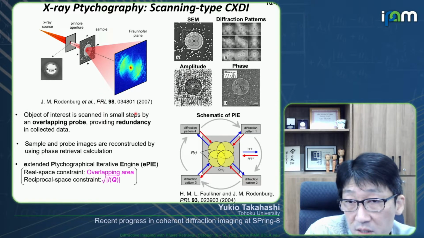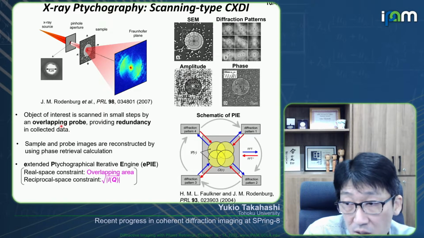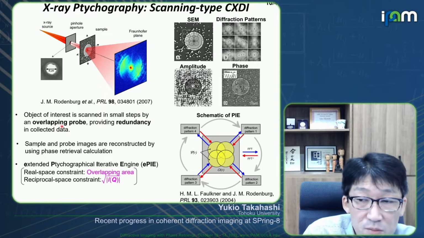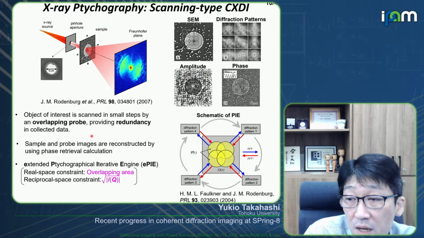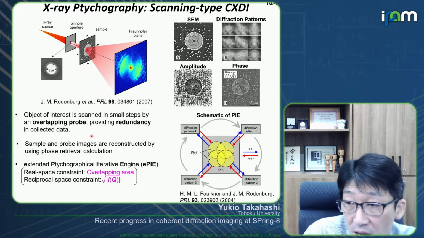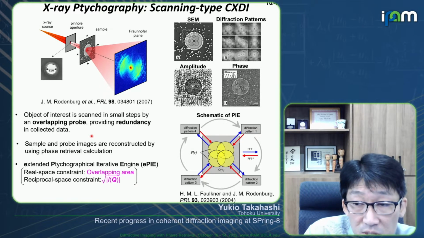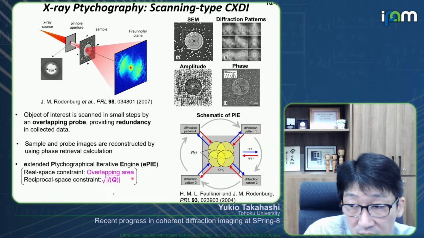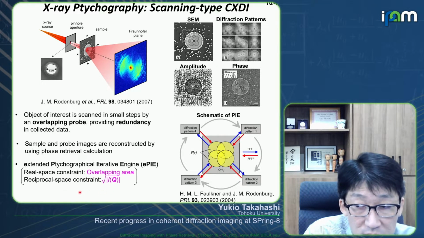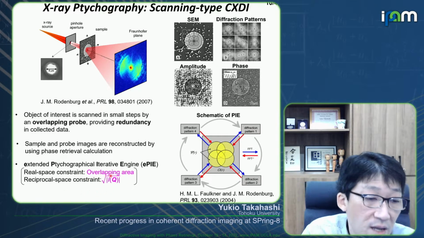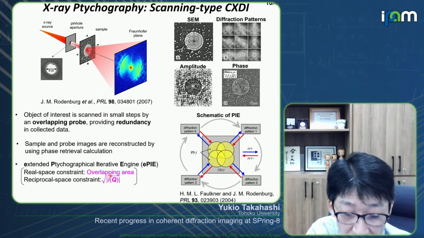In X-ray ptychography, the object of interest is scanned in small steps by overlapping probes, providing redundancy in the collected data. The sample and probe are reconstructed by using a phase retrieval calculation, the extended ptychographical iterative engine, ePIE.